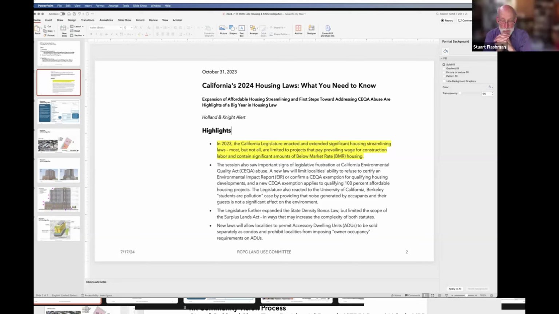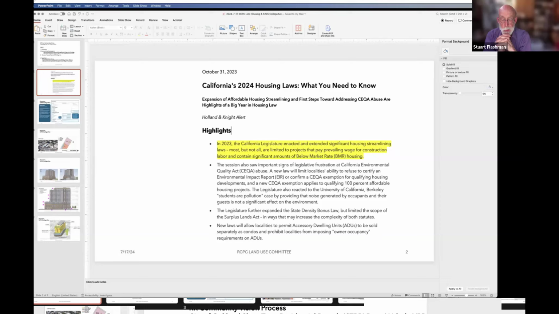Yeah, I've been following this fairly closely for the last few years, and I would have to say that what's been going on in the legislature is, frankly, under the leadership of 3 or 4 legislators, including specifically Nancy Skinner and Senator Weiner.